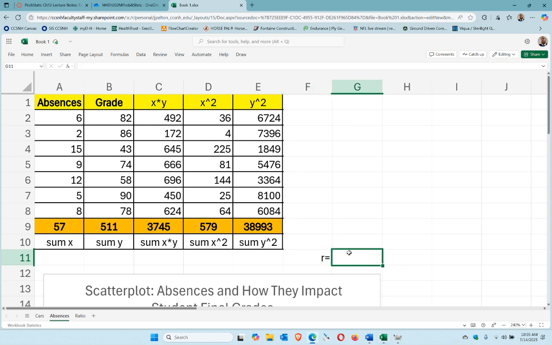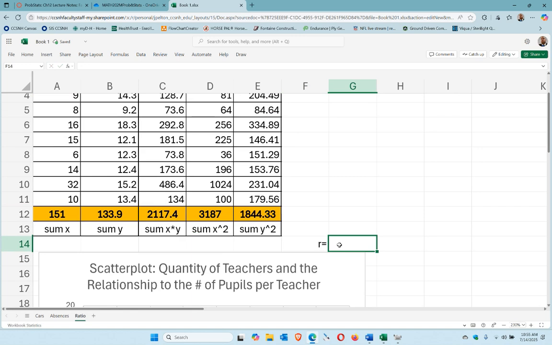Okay, and r equals parentheses divided by the square root of parentheses. I'm going to go inside of there, and we're going to add in one set for the x and then one set for the y. Let's copy that and put that over here also.